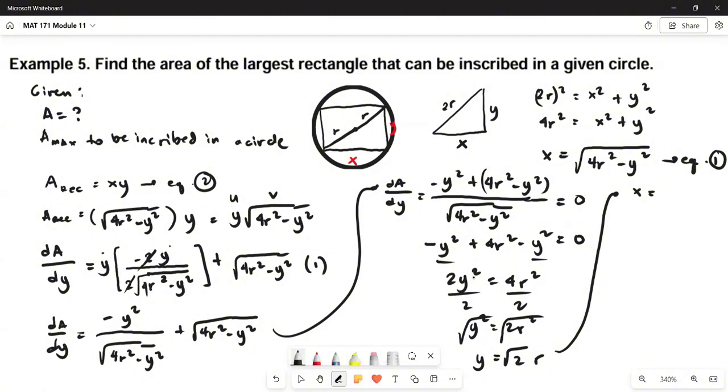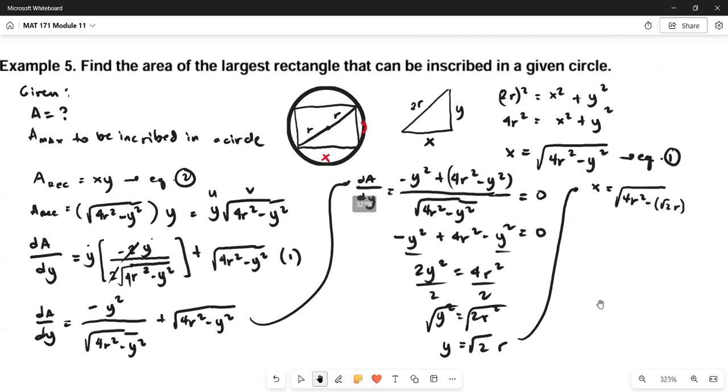So square root of yung 4r squared minus yung y squared natin, is square root of 4r squared minus 2r squared. So x is equal to square root of 2r squared or square root of 2 times r.